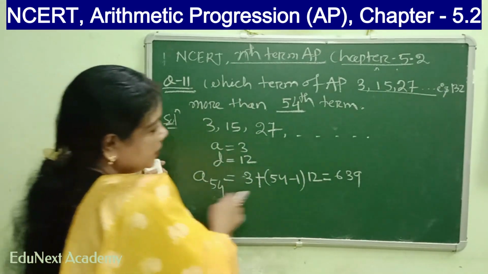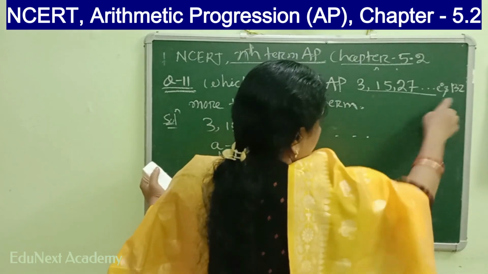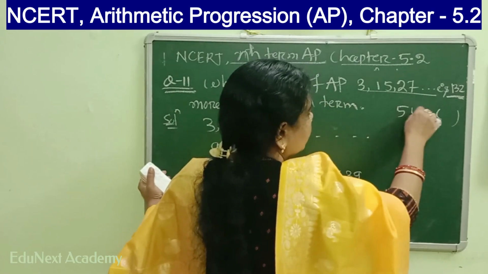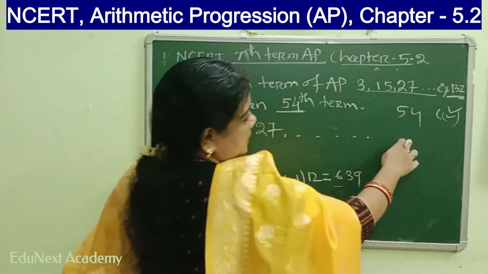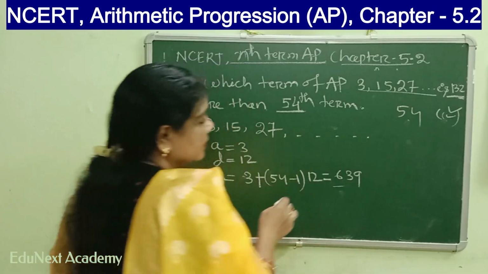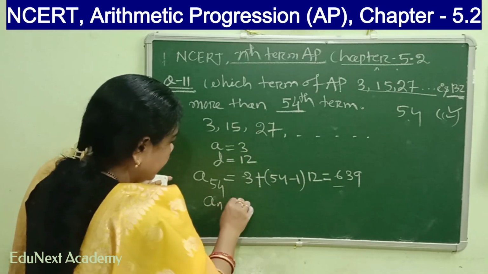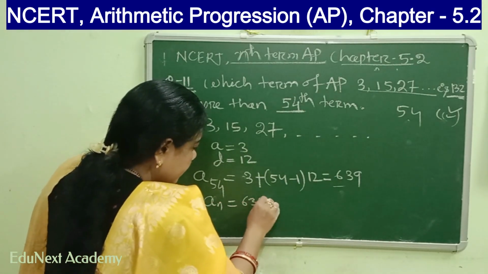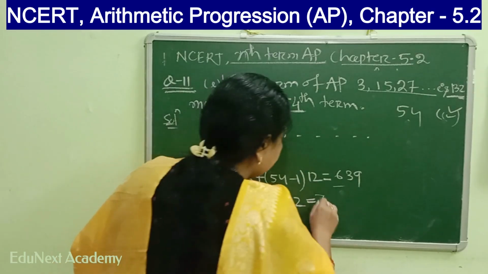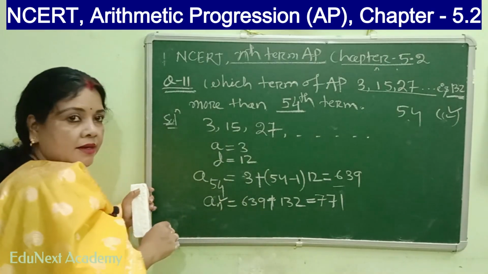The condition given is that the term we have to find after the 54th term is more than 132 from the 54th term. That means we have to find out here an is equal to 639 plus 132, that is equal to 771. We have to find out this n.